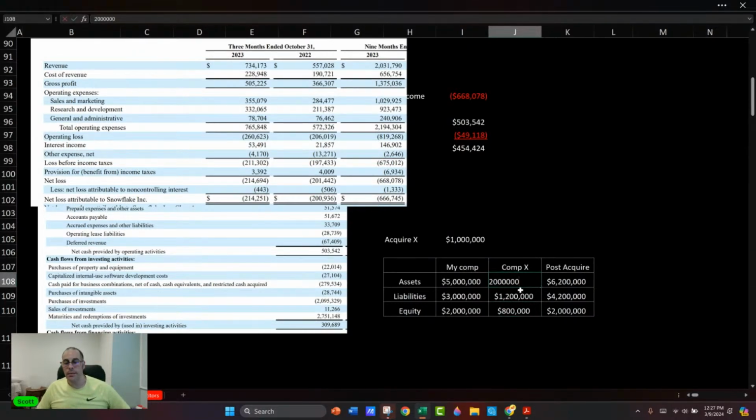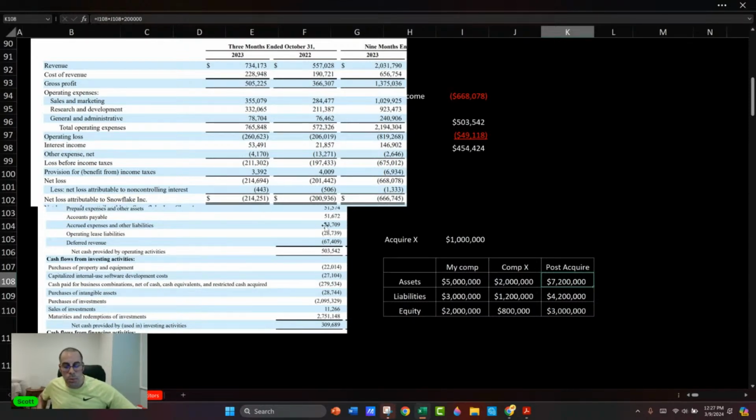So actually, my assets would go up $2.2 million, not $2 million. I shouldn't have done that negative $1 million. That kind of just makes it more confusing. But so yeah, it's just a plug to make assets and liabilities equal.